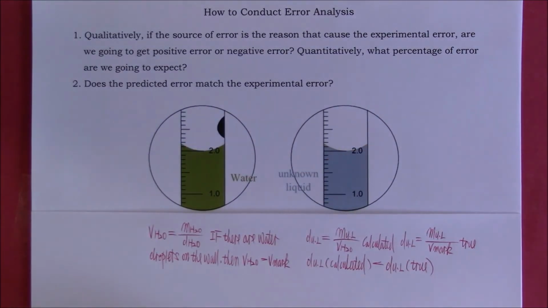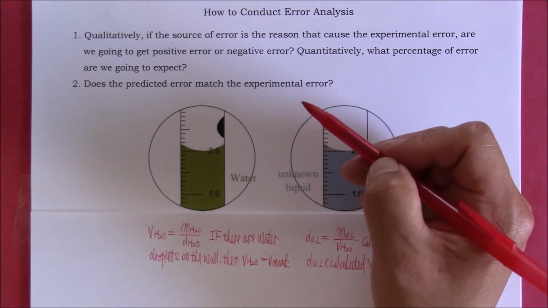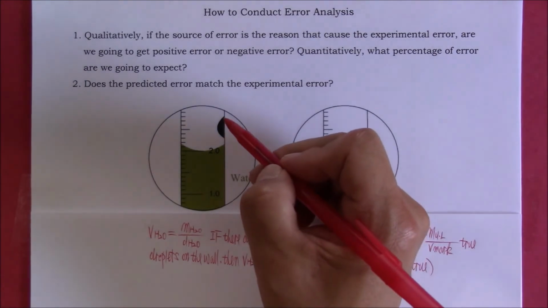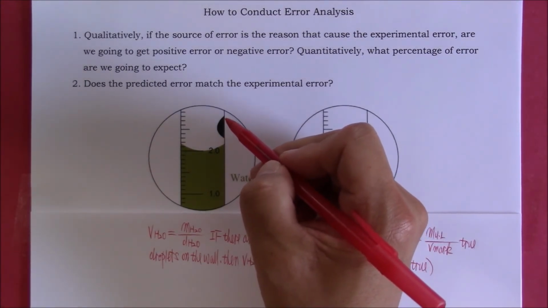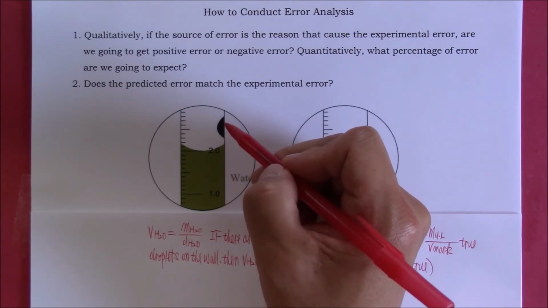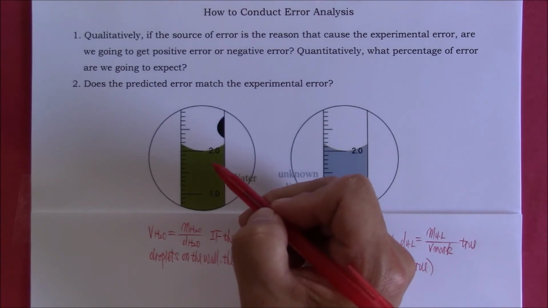We can also conduct quantitative error analysis. Let me show that. If we assume the volume of the water droplets on the wall during the calibration is 0.06 milliliter, which is the average volume of a water droplet, then when we calibrate the 2 milliliter mark, the percentage of error will be about 3%.